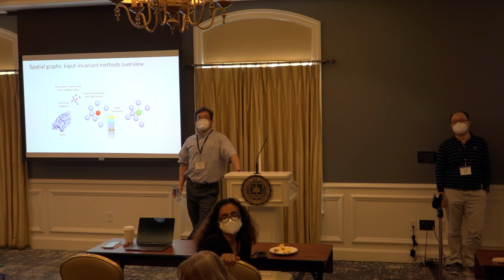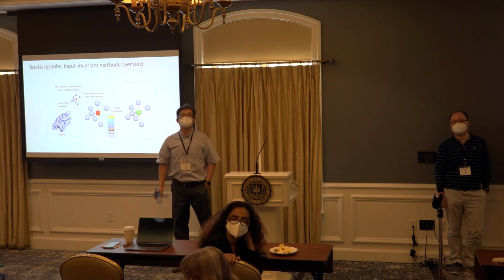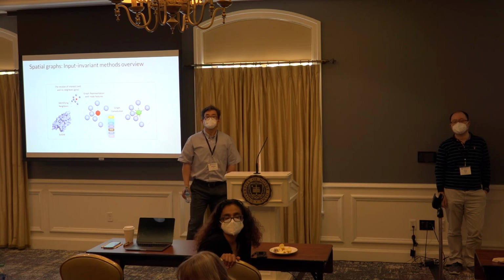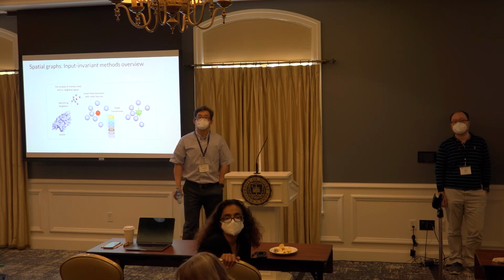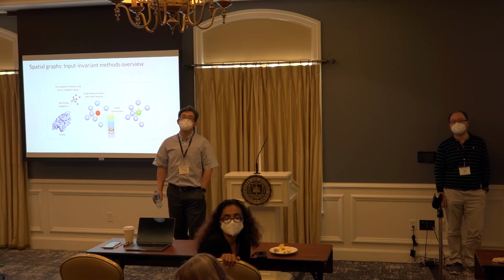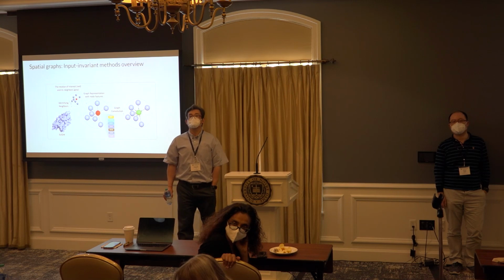So I think the problem here can really be easily explained by the data that we see. Most biological networks are small world networks. So they have small diameters, typically less than 10, somewhere on the order of 7 to 10. So what's an implication of that? If you have a GNN with k hidden layers, that means that an embedding of a node will depend on nodes that are at most k hops away and nothing more.